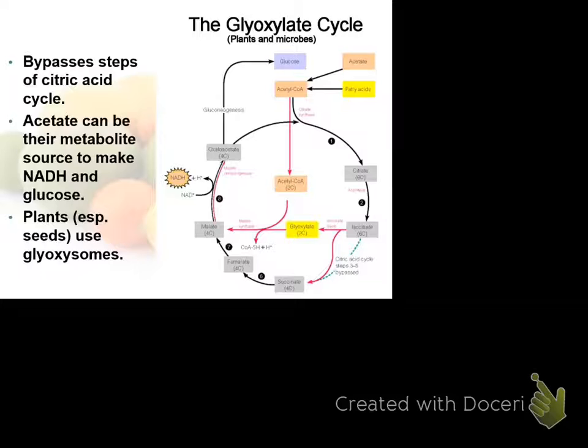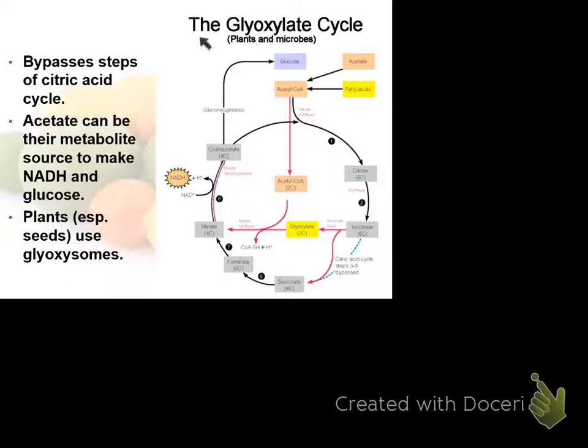I'll show you, I've got a better picture that shows that in just a moment. And so it bypasses some of the steps of the citric acid cycle. The plants use a special compartment called the glyoxysome where this can occur, which is really important, like I said, for seeds.